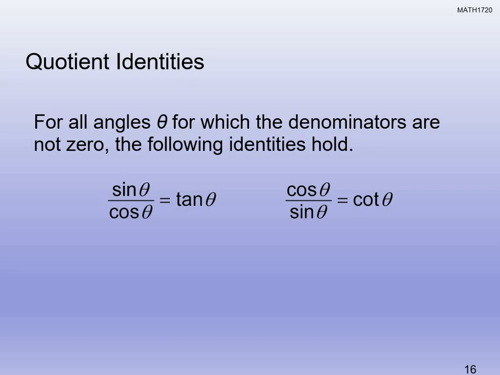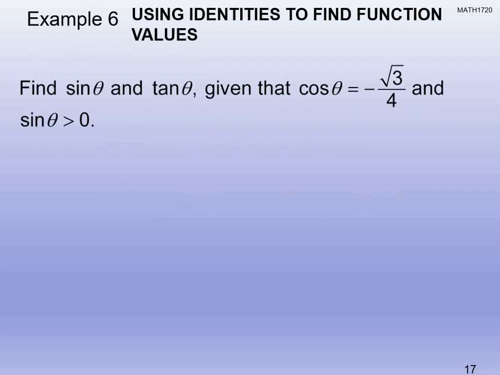The sine did. What always dealt with the adjacent side? The cosine did. Alright, so tangent is opposite over adjacent, or sine over cosine, or y over x, as we've done before. And then cotangent is just the opposite of that. It's cosine of theta divided by sine of theta. Okay? So those are the quotient identities.